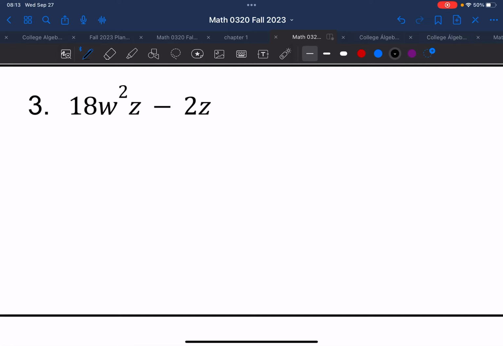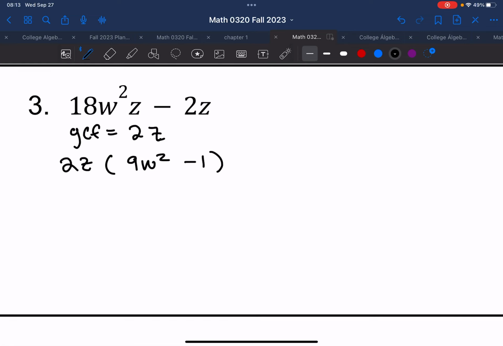Can we take out a GCF here? 2z, right? So GCF 2z, because they both have that variable z. So if I take out a 2z, what am I left with in my first term? Good, 9w squared.